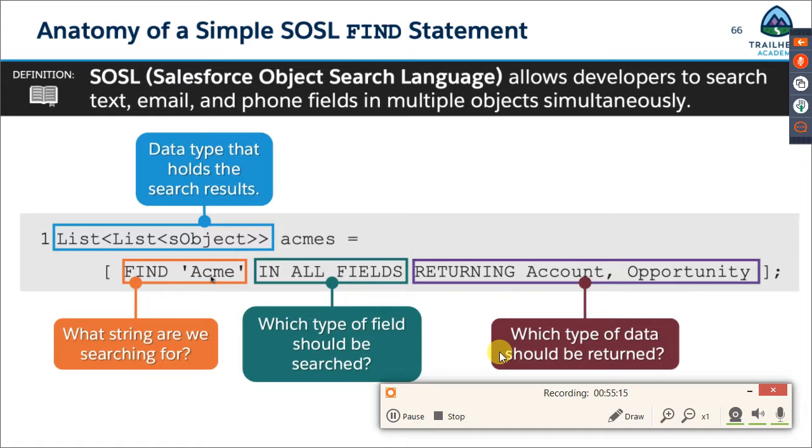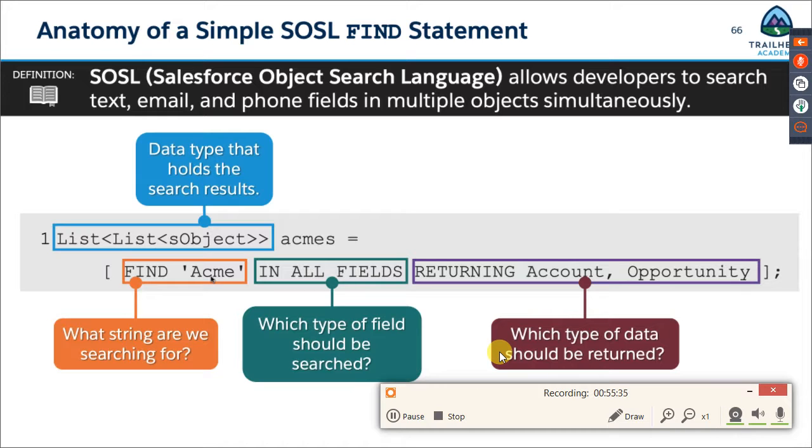So you're looking for multiple records and multiple objects by the words that they contain. And what it returns is a list of lists of SObjects. A list of lists.